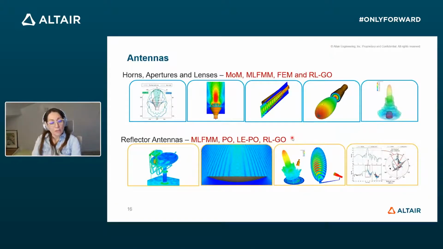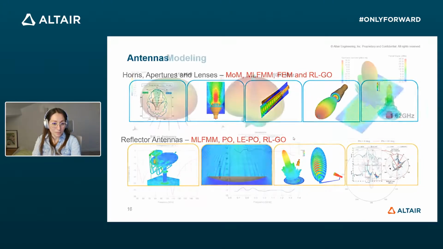So this is to give you an idea about the broad range of antenna types that we are able to model and the different numerical methods that can be used for that goal.